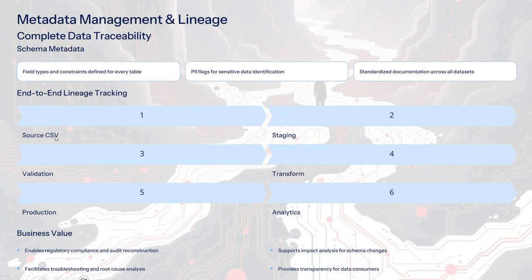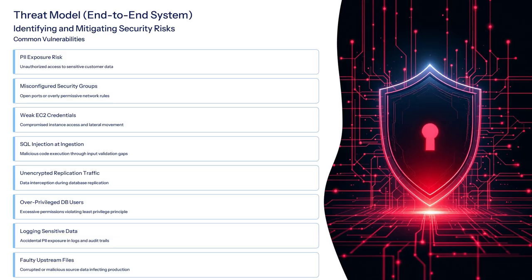So we start with CSV, then we proceed to staging, then to validation, transformation, production, and then analytics. The business value enables regulatory compliance and audit reconstruction, facilitates troubleshooting and root cause analysis, supports impact analysis for schema changes, provides transparency for customers.